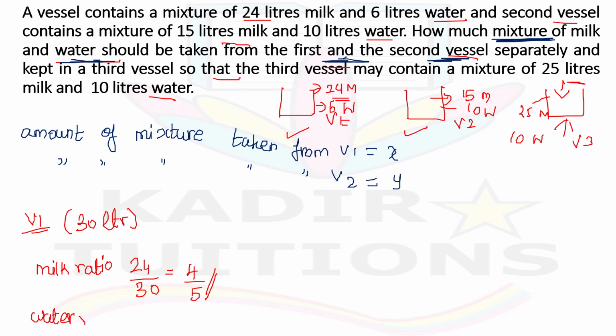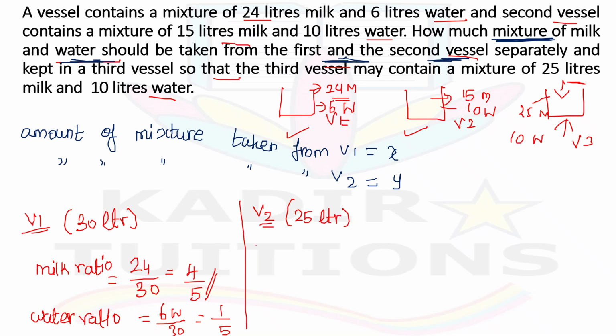And now we can find the water ratio also. What is the water ratio over here? 6 liters of water in 30 liters of mixture, so we can make it 1 by 5. Then we'll see vessel 2. In vessel 2, what is the total mixture? It is 15 plus 10, 25 liters of mixture.